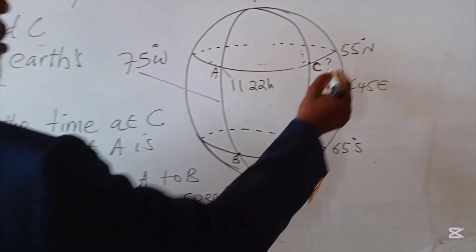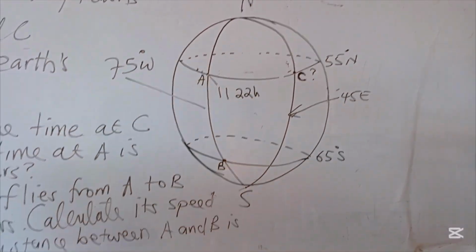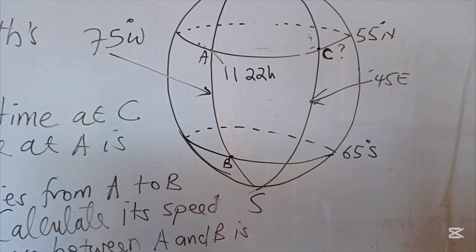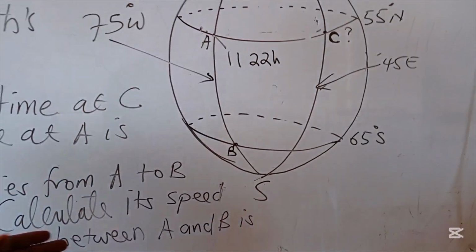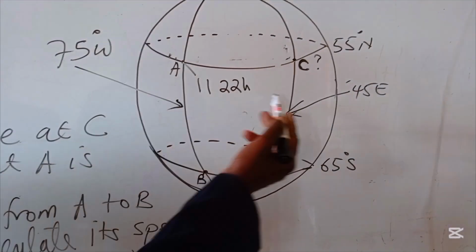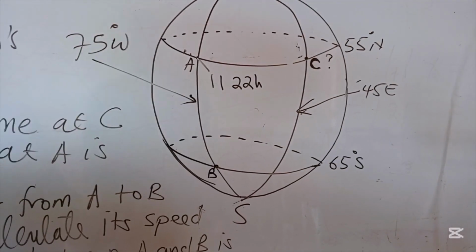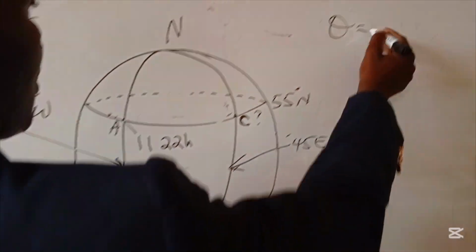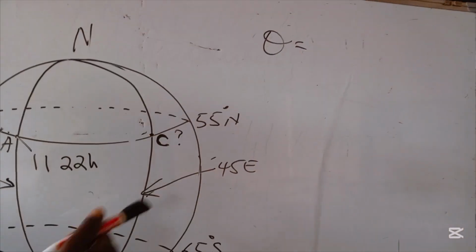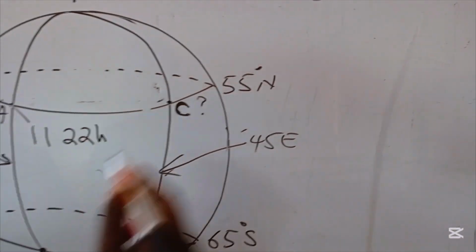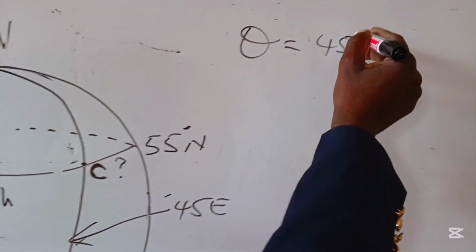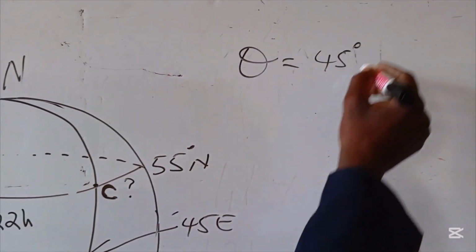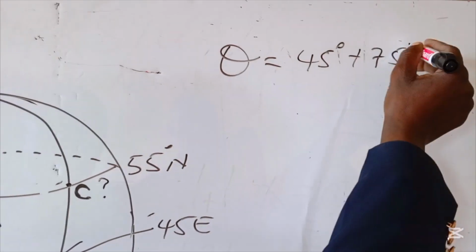We are aware that one of the uses of longitudes is calculating time. So we have to find the difference in the longitudes between A and C. How do you find the difference in longitude? Theta is equal to 45 in the east, so I just put the degrees, plus 75 in the west.